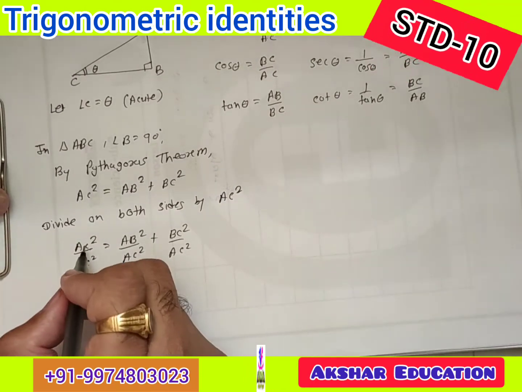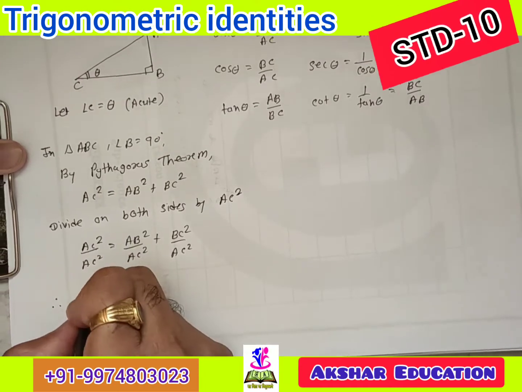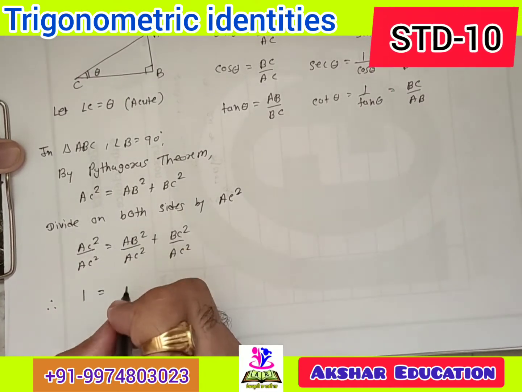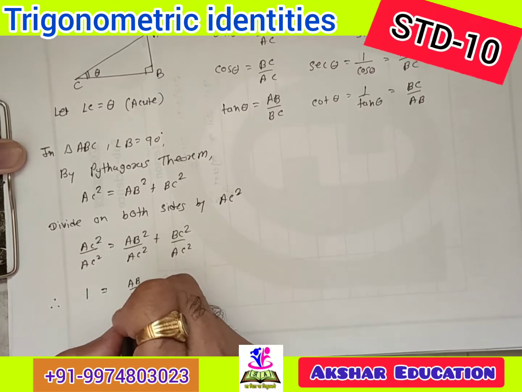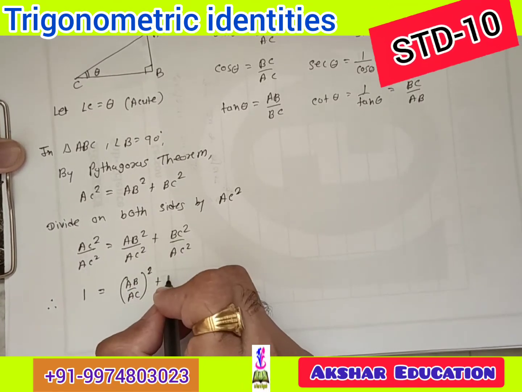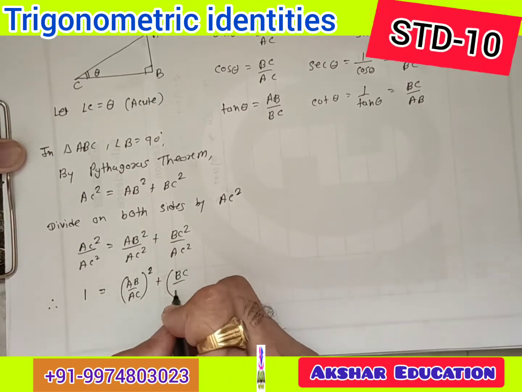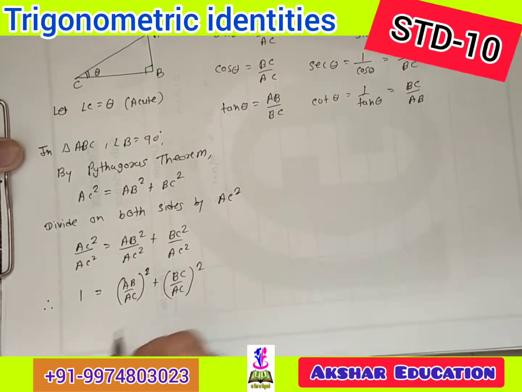Now simplify it. AC square by AC square is 1. AB by AC whole square. Similarly, this BC square by AC square is written as BC by AC whole square.